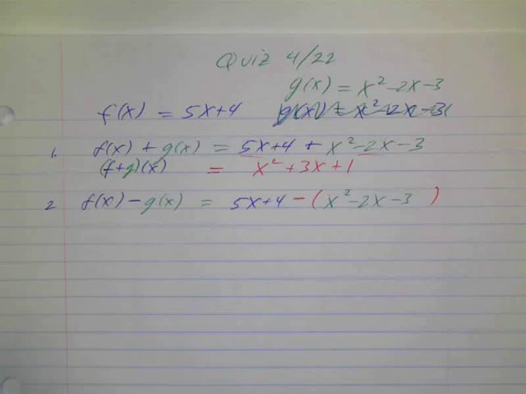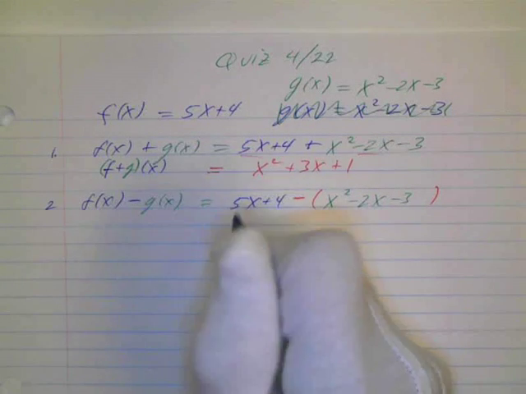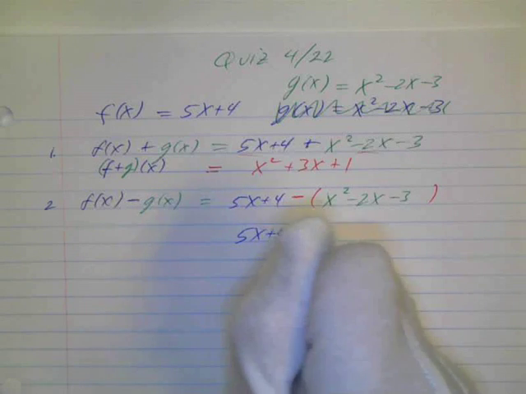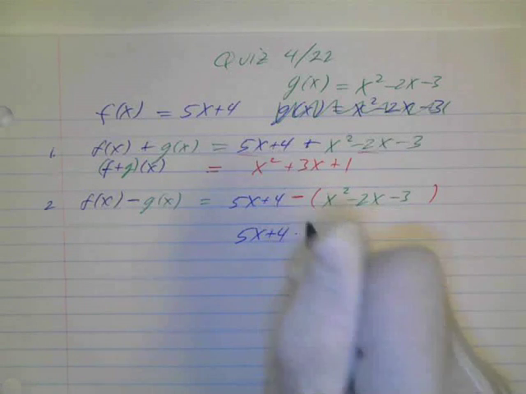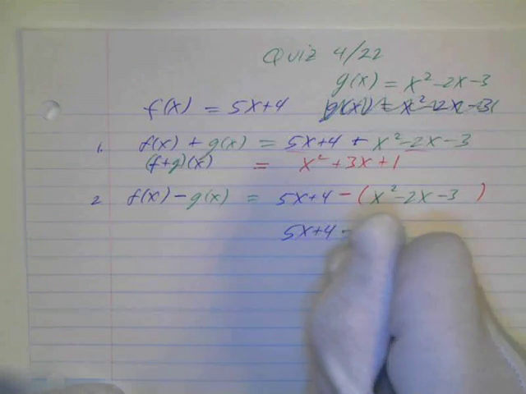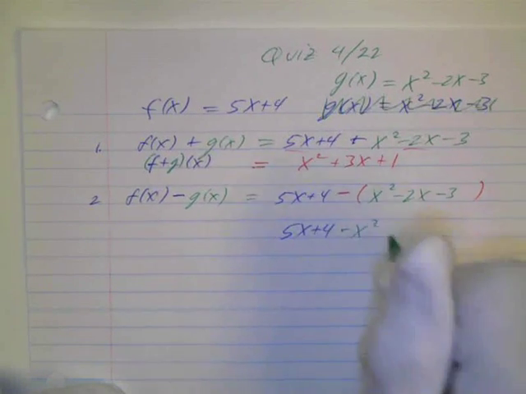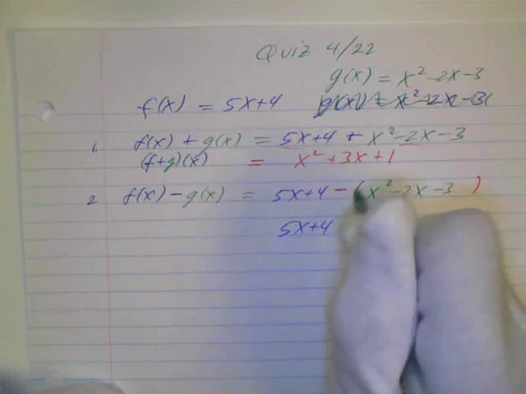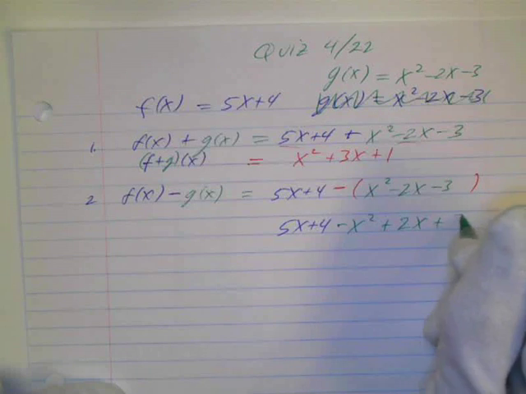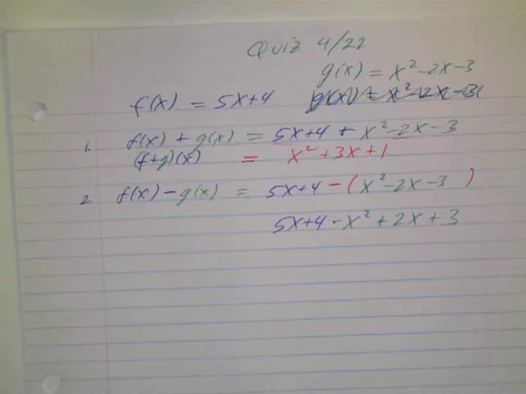So when I remove the parentheses, I'll have 5x plus 4 and then minus x squared. Minus times a minus is a positive 2x, and a negative times a negative is a positive 3. So these signs change, all of them change.